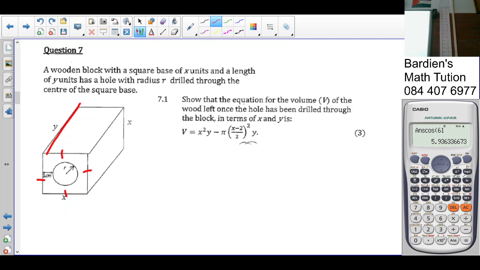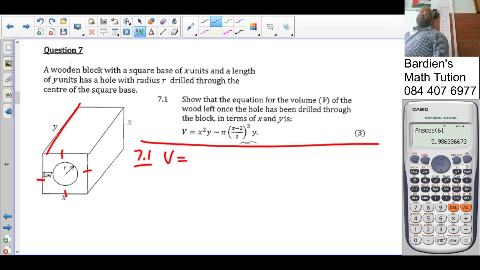7.1. Show that the equation for the volume V of the wooden block once the hole has been drilled through the block, in terms of x and y, is given as that. So where do we start? How do you calculate the volume of an object? It's going to be area of base times the height or the depth of the object. So what we have here is a square base.